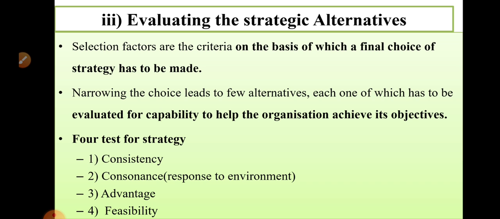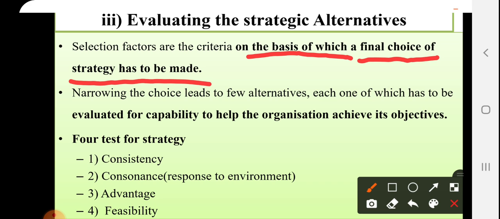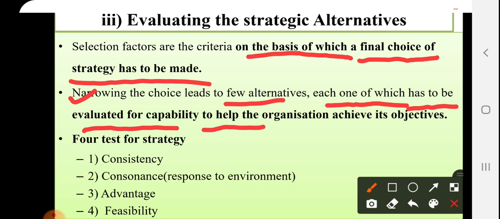Now in the third one, evaluating strategies, the selection factors are the criteria on the basis of which the final choice of strategies has to be made. Narrowing the choices leads to a few alternatives, each of which has to be evaluated for its capability to help the organization achieve its objectives.